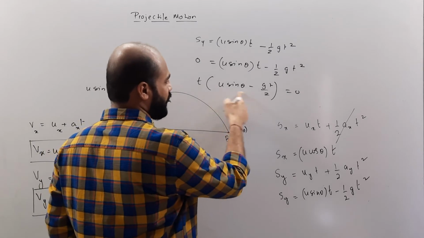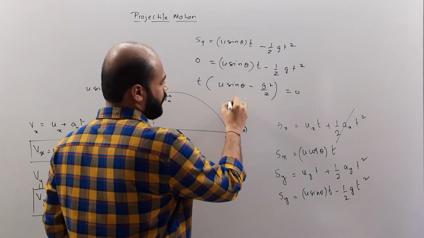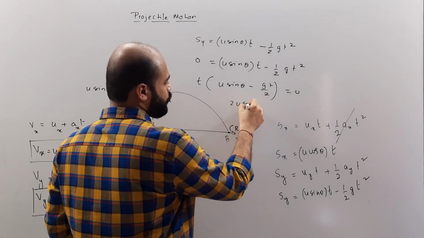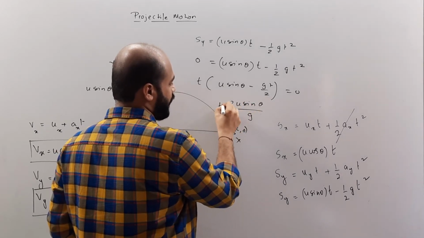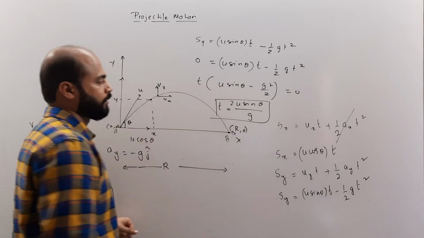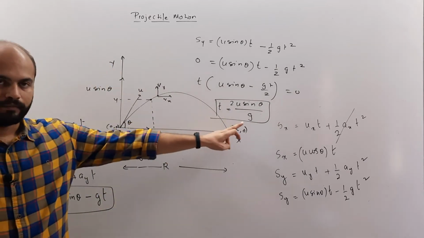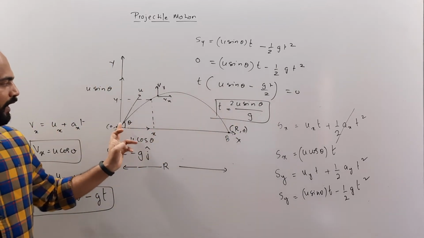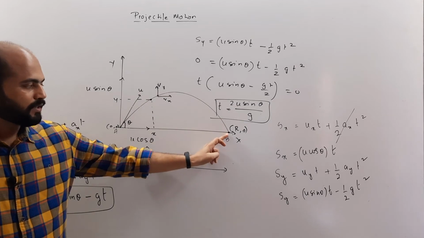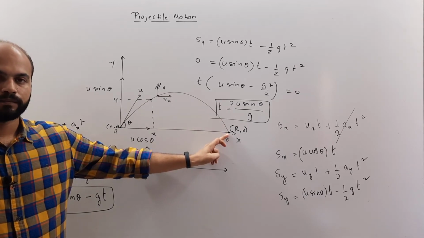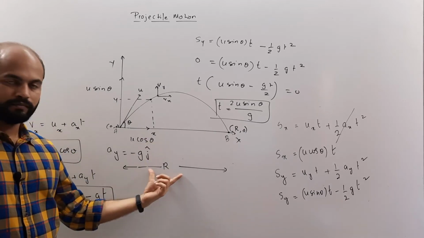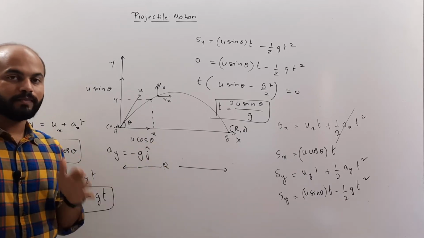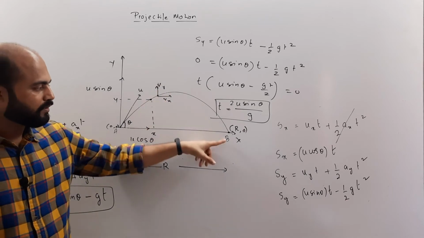So you see that if I equate this to 0, I will get 2u sin theta by g as time. So this is the time at which the projectile will have attained 0 displacement in y. The displacement in x is R, the range. However, the displacement in y is going to be 0.